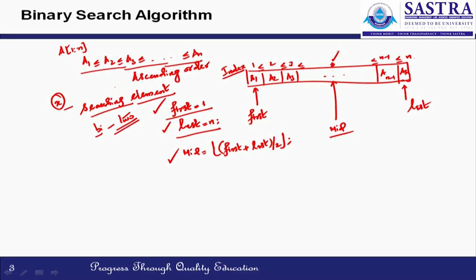In this case, the searching element is compared with the mid location in the array. So compare the searching element x with the mid location in the array, A of mid. That means we are comparing two quantities, say x and y. When we compare two quantities x and y, we apply the law of trichotomy.